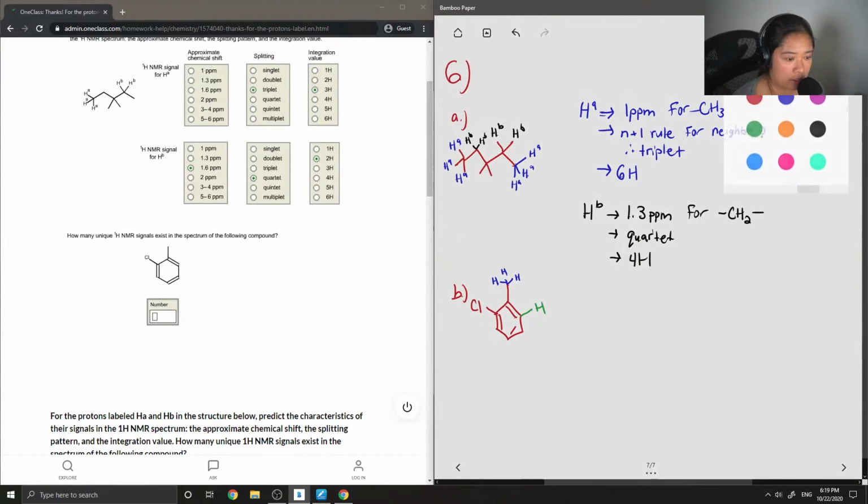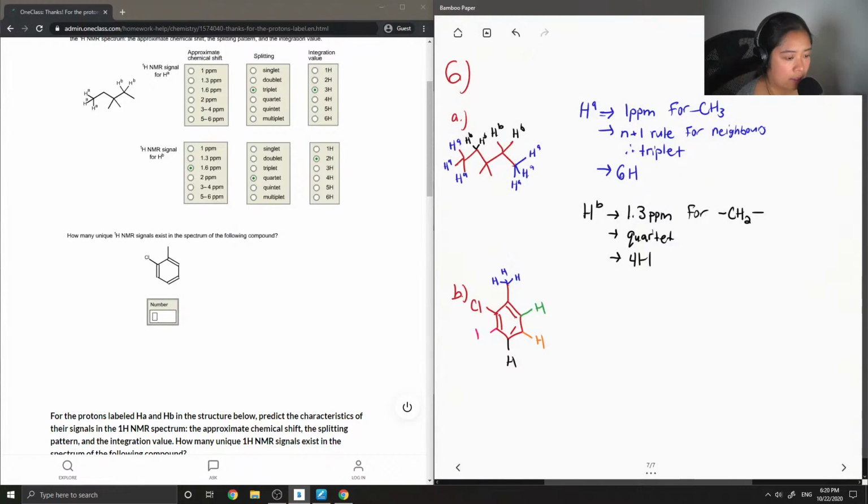There's a hydrogen there that is right beside a methyl group. So therefore it's chemically different than the hydrogen beside it, which will also be different to the hydrogen para to the CH3, but also closer to this chlorine group.